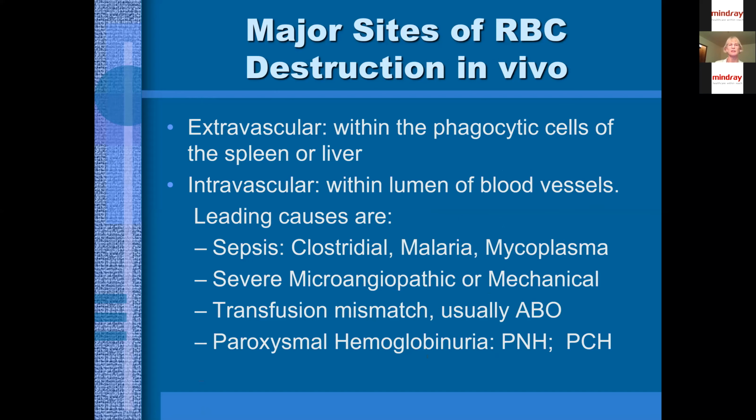Intravascular means that the hemolysis is occurring within the lumen of the blood vessels. I'm going to focus in this talk mostly on extravascular, partly because the blood smear interpretation is very helpful, and the lab, especially the hematology lab, plays a very important role in determining the cause of extravascular hemolysis.